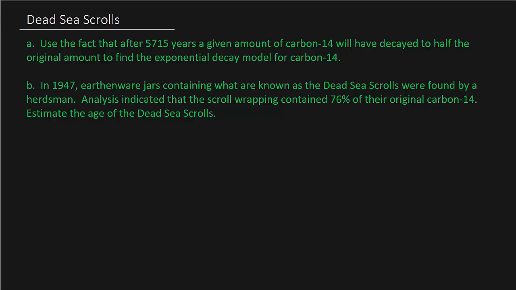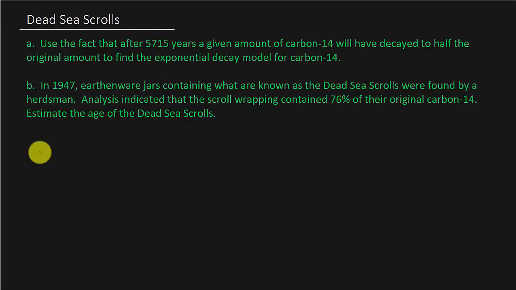So basically what they're telling us is that the half-life of carbon-14 is 5,715 years. So whatever your original amount is that you started with, after 5,715 years, you'll have half of that. Let's go ahead and find the exponential decay model for carbon-14.